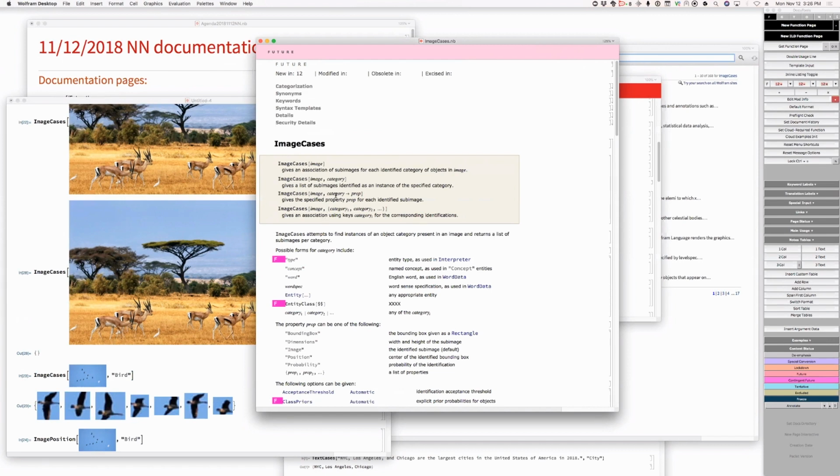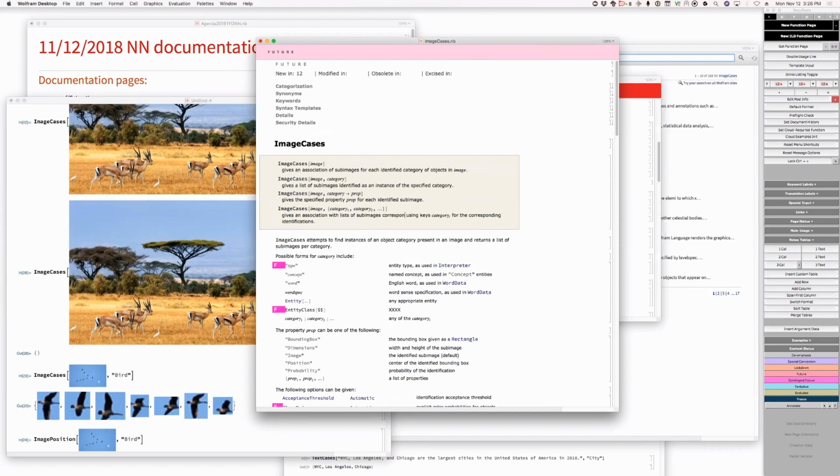This is saying that if you give multiple categories here, gives an association with lists of subimages corresponding to identified as being... Or we could limit the first sentence.